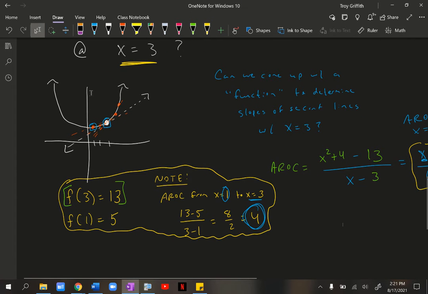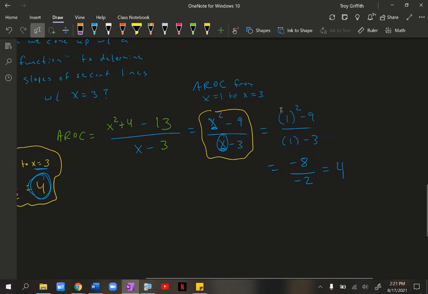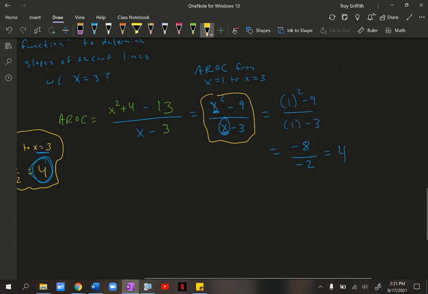Again, as I draw this right here, if I take a bunch of slopes of secant lines and I make them closer and closer to this point, eventually it's going to turn into the slope of a tangent line.